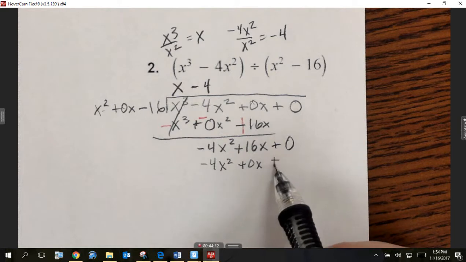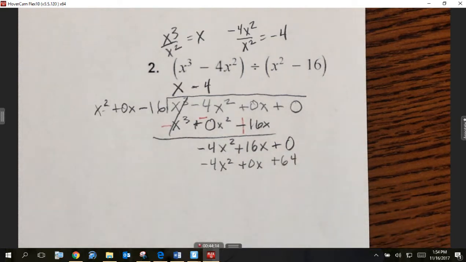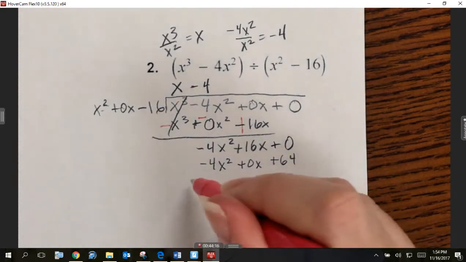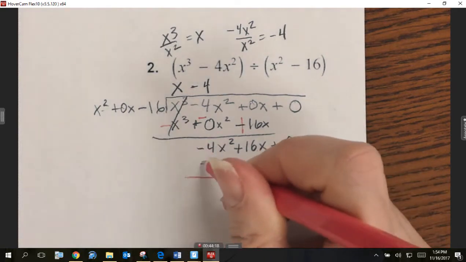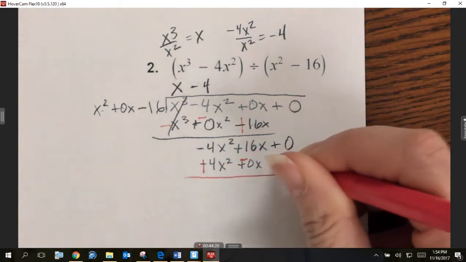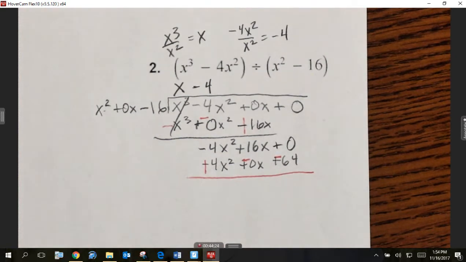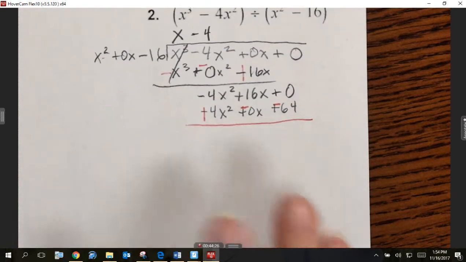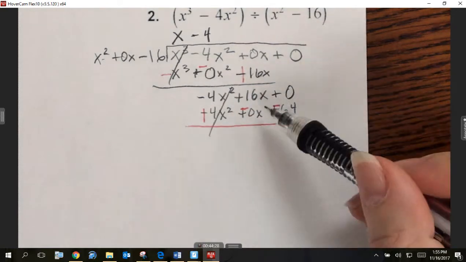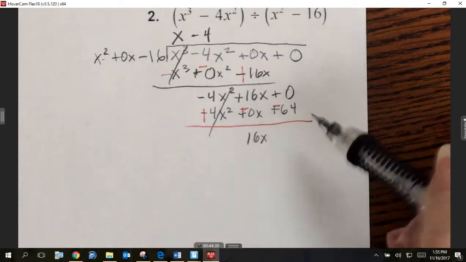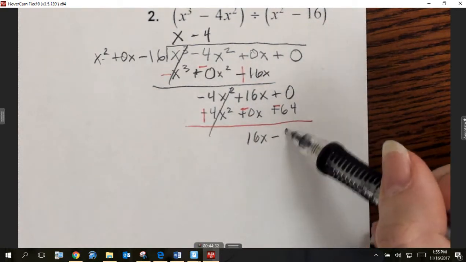And then positive 64. Draw the line, change the signs. Add it together. 16x minus 64.